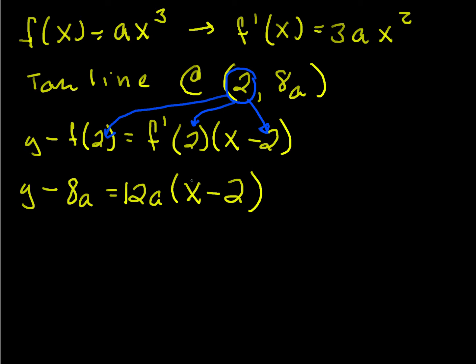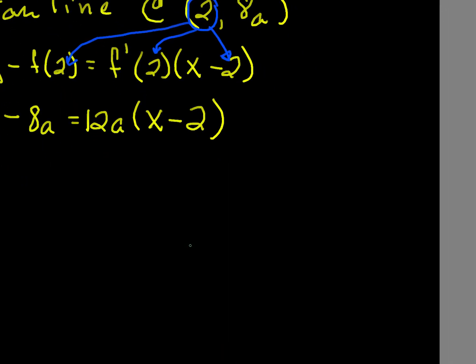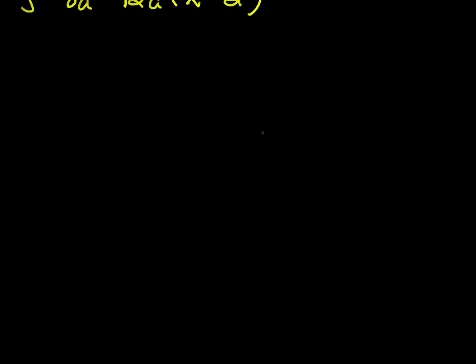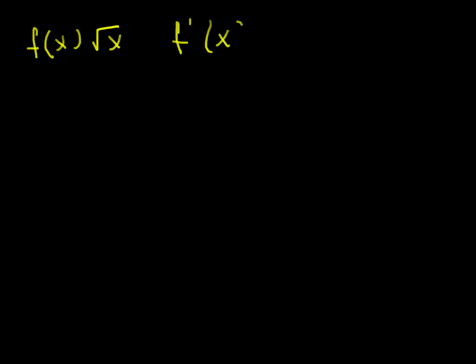Let's look at our other function that we computed the derivative of already. So we're going to consider f of x was square root of x. And in that case, we found that f prime of x was 1 over 2 root x.